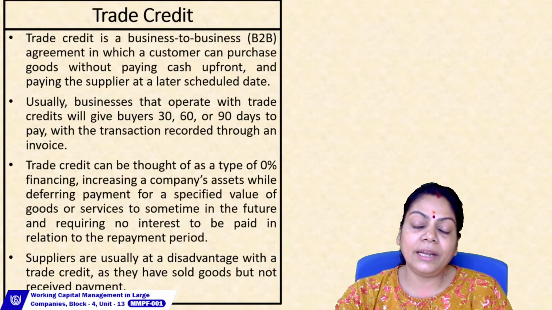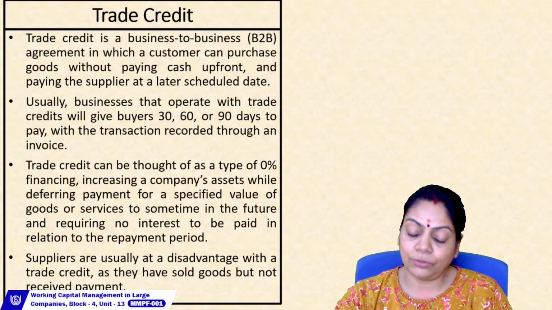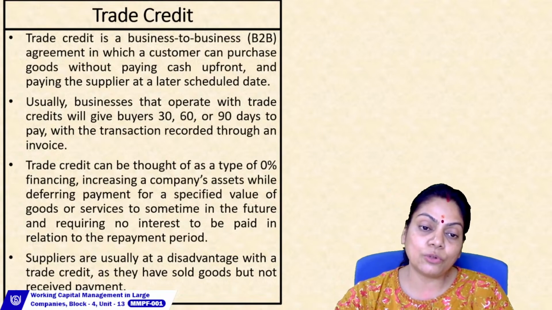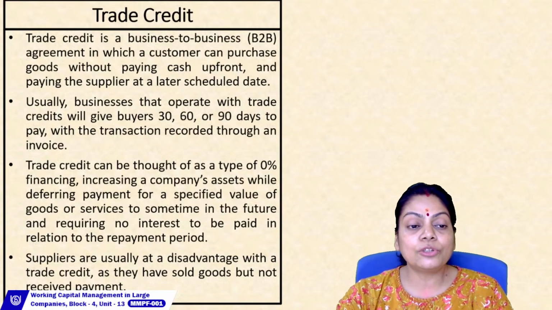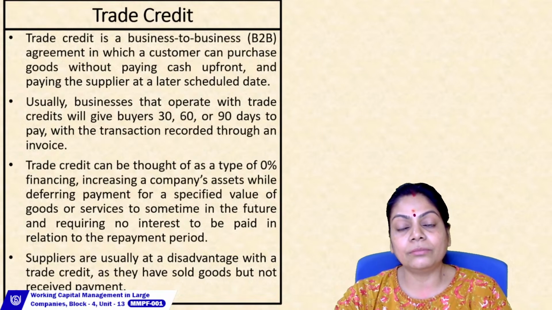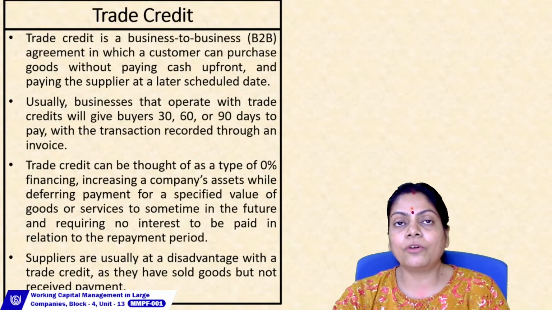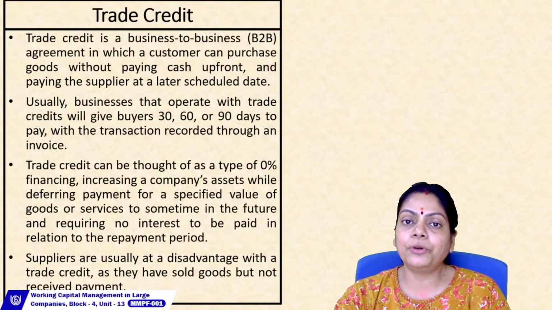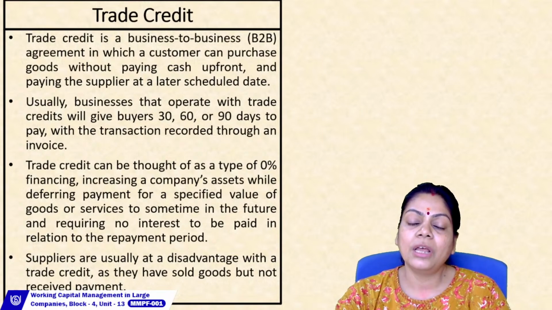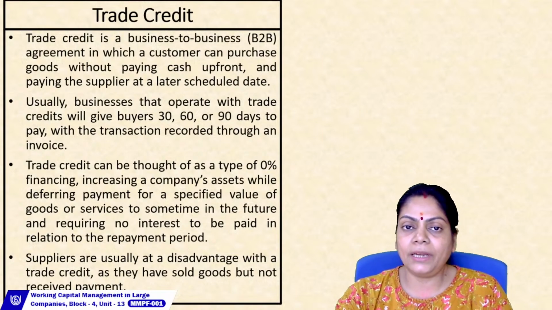Now, trade credit, in addition to being an automatic source of finance, is also zero cost. Suppose you are supposed to pay on the first of a month and you are not able to, but you defer it for another 7 days; you don't pay any interest on that.